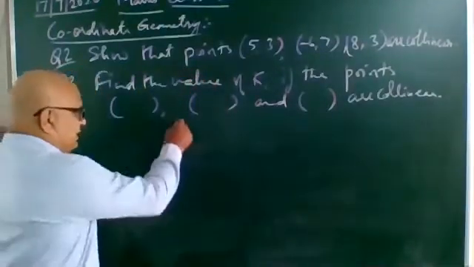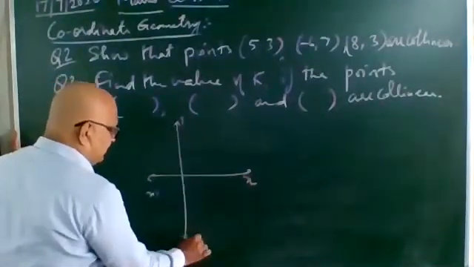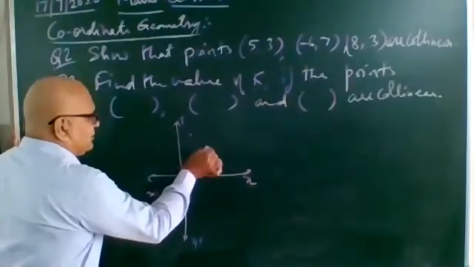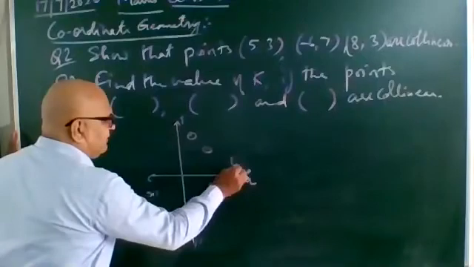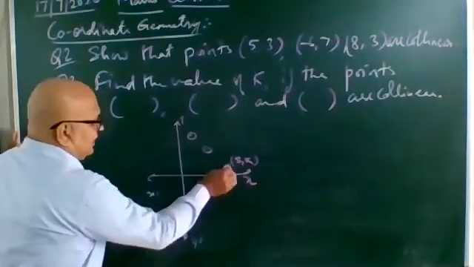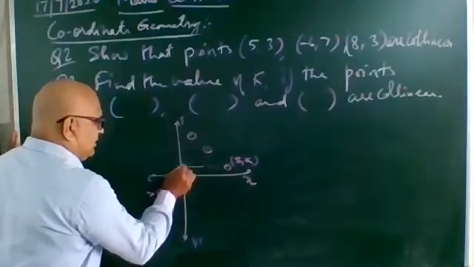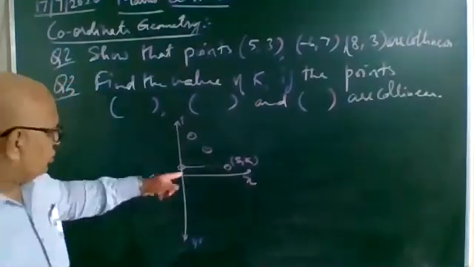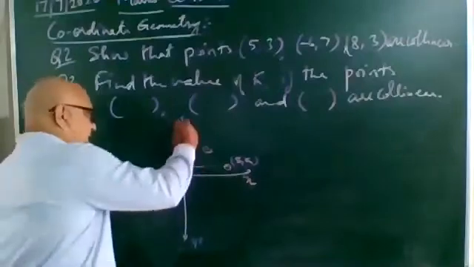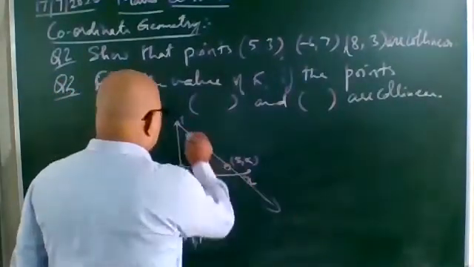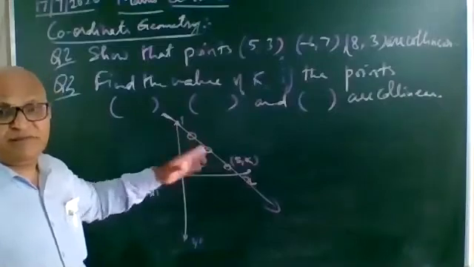This is x', x, y, and y'. When the second and third points come, 2 points were on the line, and when he put 5k and plotted the 5 here, he drew the line like this, and the boy said the value of k is 1. He drew the line, and after that he said this is the line, so the points are collinear. This was the way he did the question.